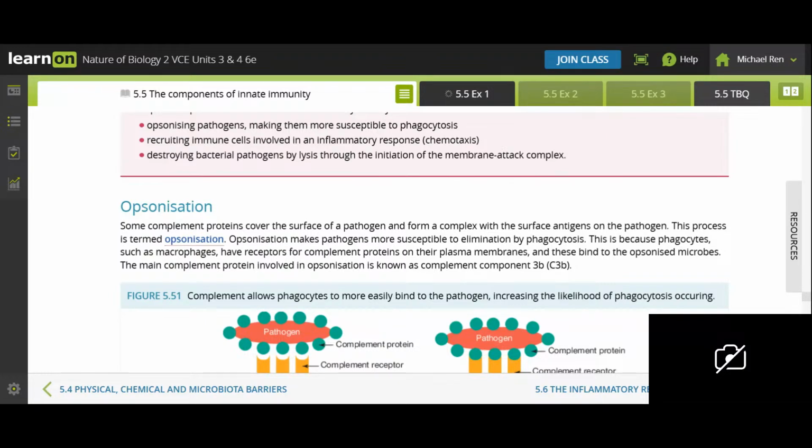They'll create a protein complex that binds to the pathogen and kills it through lysis. This is not effective against all pathogens, basically. Coating is basically just opsonization right here, because it covers the surface of the pathogen and makes them more recognizable, basically.